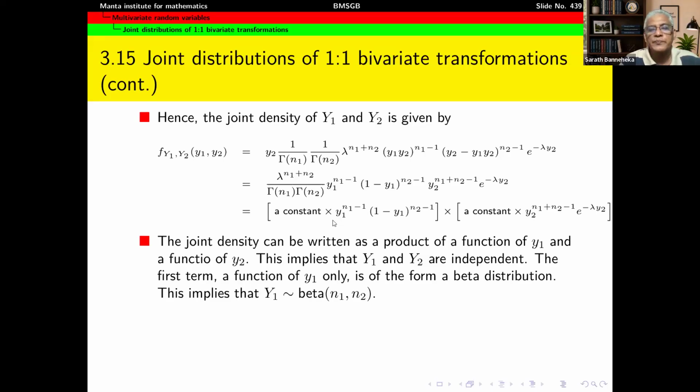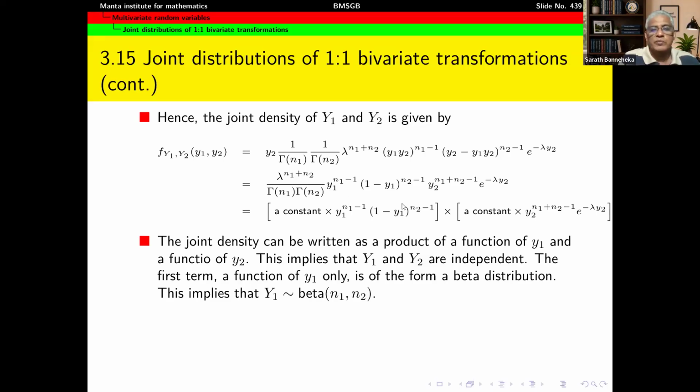But here, this one, we can identify as a beta distribution, right? Coming from a beta distribution, y1 to some power minus 1, 1 minus y1 to some power minus 1. So that is the form of a general beta distribution. So therefore, this constant has to be the normalization constant of a beta distribution, right?